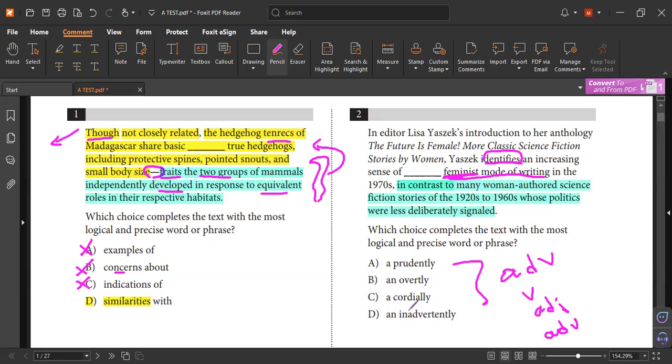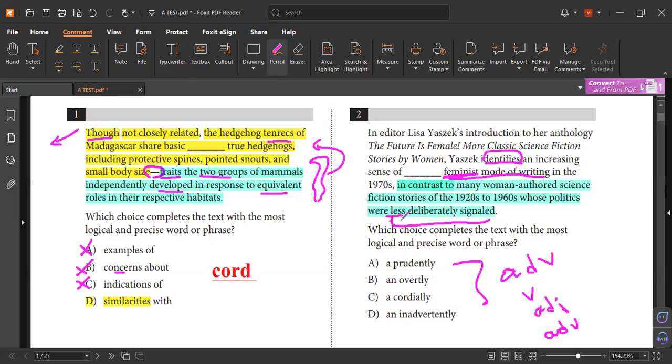How? Cordially means lovely. Do you remember in the Latin roots you studied in vocab? Any word that has cord means lovely. But how? He said here, in contrast to many women-authored science fiction stories whose politics were less deliberately signaled. It means in their work, they send signals about politics.